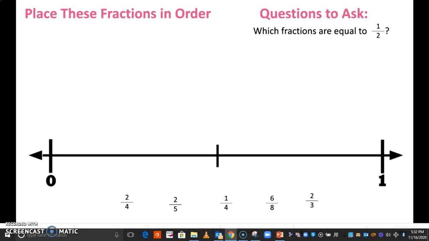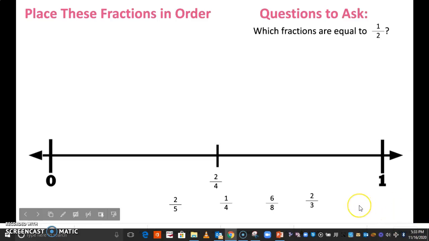So if we look at these, 2/4, 2/5, 1/4, 6/8, 2/3, which fraction is equal to a half? Okay, and hopefully you are seeing 2/4, right? So we're just going to go ahead and move that guy right there so that's easier to sort the rest of them.